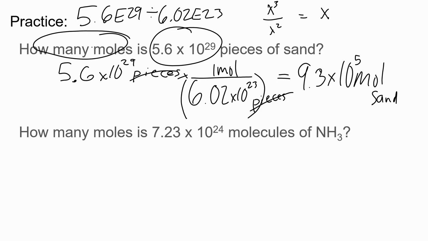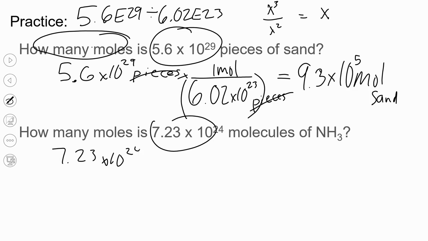Yes. Oh wait, no, you don't. Okay, let's go ahead and do this one. So we always start with that given number. This is the number we're going to start with. So 7.23 times 10 to the 24, and that's molecules. Okay, and then we're trying to convert this, so we need a conversion factor. We're trying to convert to what?